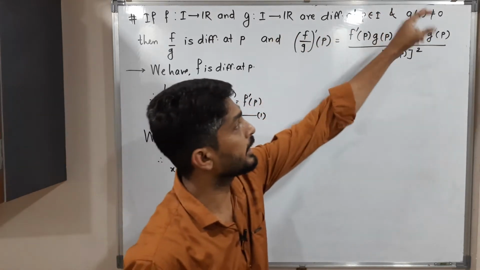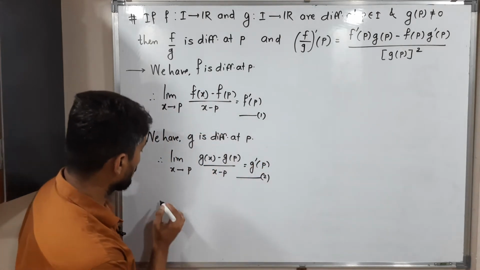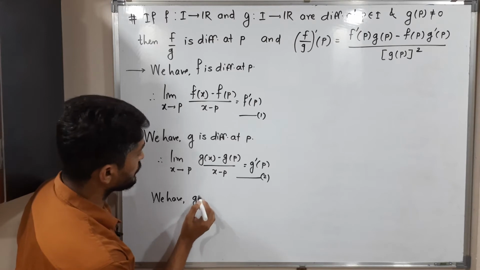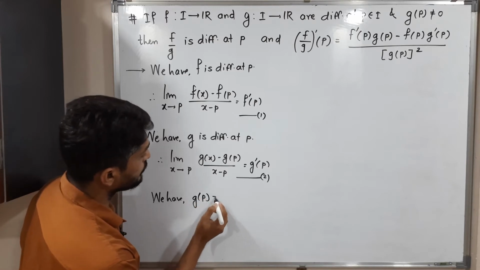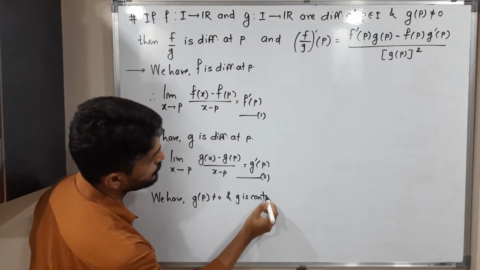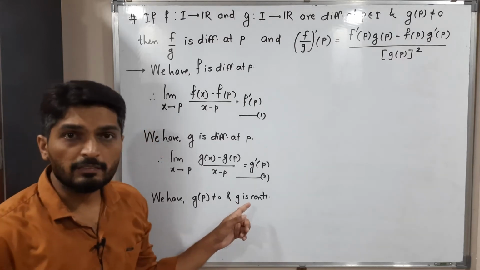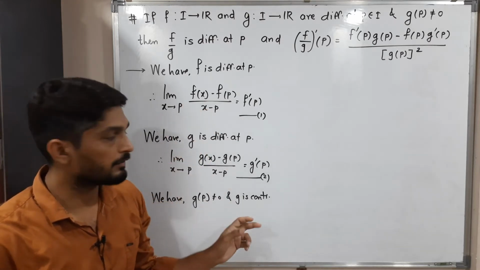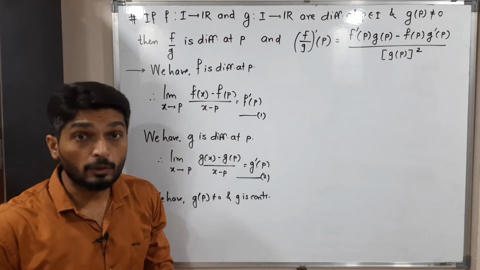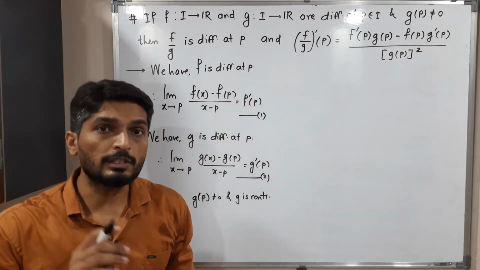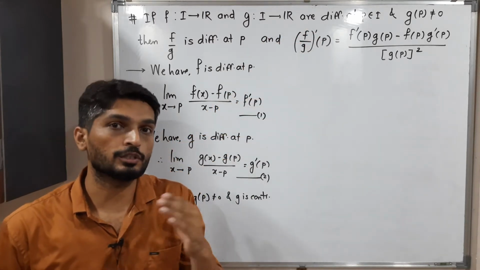Let me use the third information also. We have g of P not equal to 0 and g is continuous. Have they given that g is continuous? No, they haven't given it anywhere. But I have written it here because the given information is g is differentiable, and we have seen one result: every differentiable function is continuous.